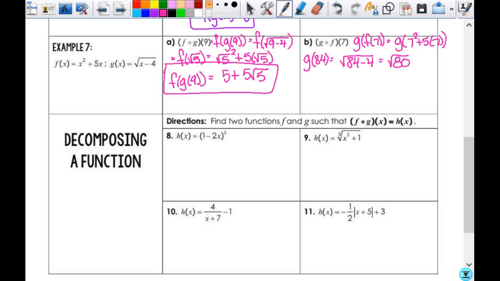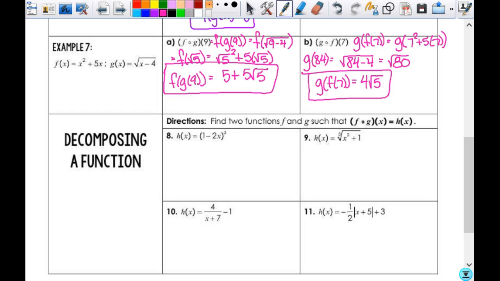All right, is that a square? No. Do I reach for a calculator? No. Do I leave it like this? No. So g of f of 7 is equal to what? 4 square root of 5. Boom. There you go. Okay. Everybody good? Any questions? All right.